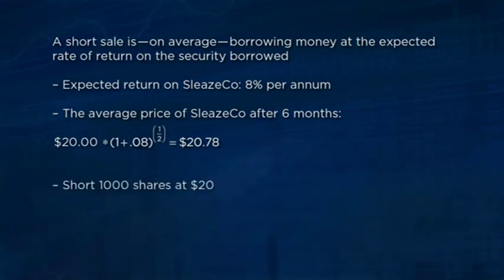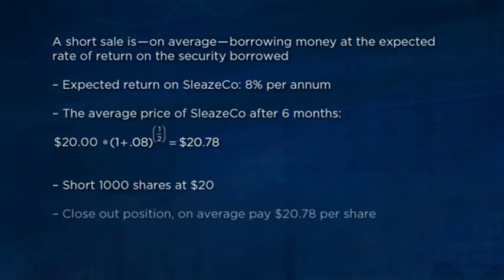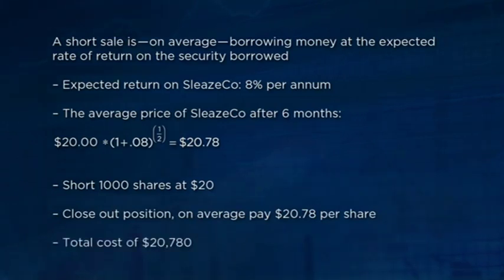So if you short 1,000 shares at $20, you have the use of the $20,000 for 6 months. When you close out your position, on average, you'll have to pay $20.78 per share for a total cost of $20,780. Thus, you borrowed $20,000 for 6 months and paid it back by paying back the original $20,000 plus interest of $780. That is an 8% interest per annum.